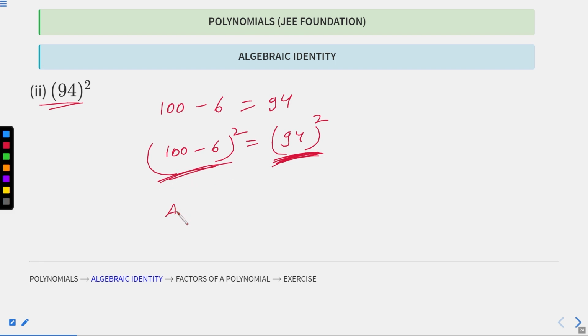Now apply the formula A minus B whole square here, and you will get your answer. You will do it by yourself to see whether you remember the formula or not. I am not doing it, and I am not giving you the answer. So please do it by yourself. It is your homework. Let's move to the next.